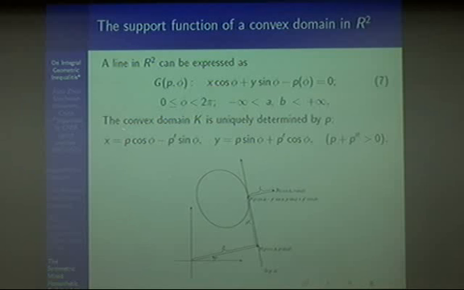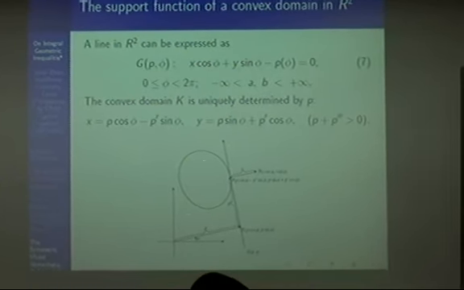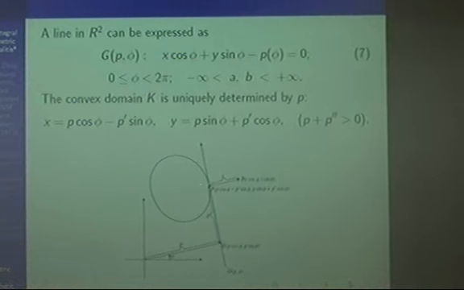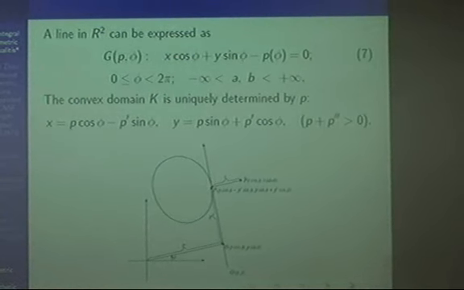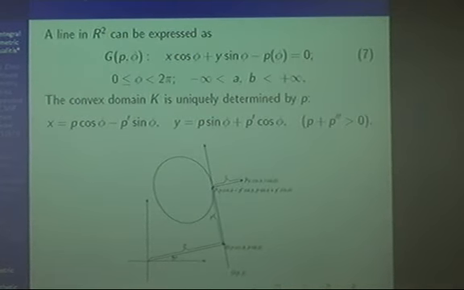The convex domain K is uniquely determined by P. What does it mean? If P is given as P of phi, then we have the envelope, so we have the convex boundary. Any boundary point is determined by this.